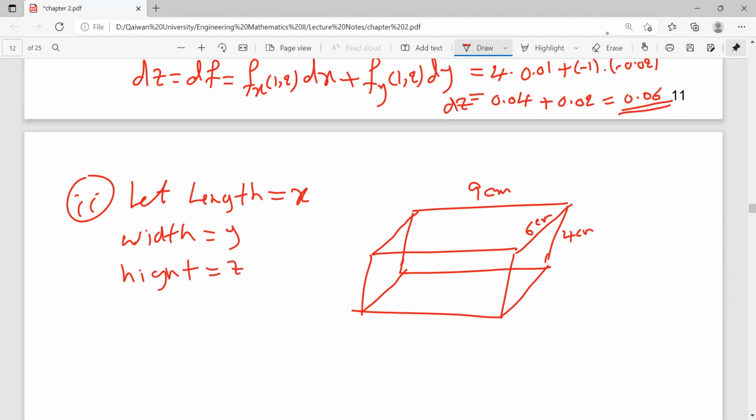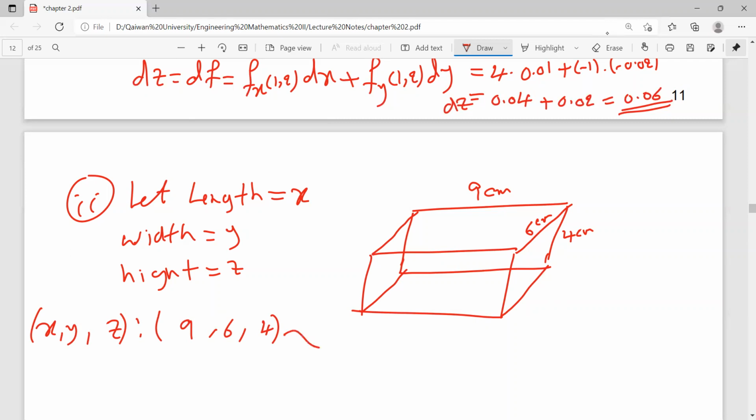Maybe someone else uses z for length, it's okay. We say the height is z. So x, y, z: the height is 4, the width is 6, and the length is 9.